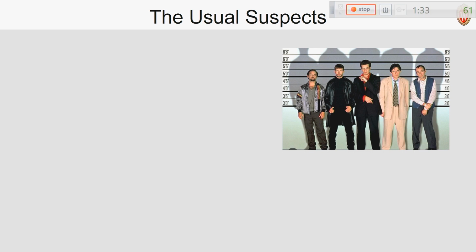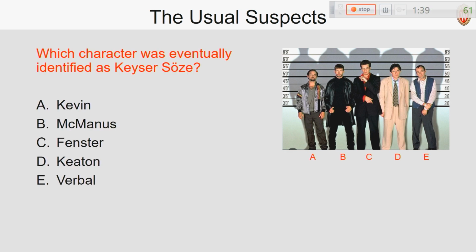So, the usual suspects in community-acquired pneumonia. Oh wait, who are those guys? I guess this brings me to my second non-microbiology related question. In the 1995 movie The Usual Suspects, which character here was finally identified as Keyser Soze, the mastermind behind the crimes? Was it Kevin, McManus, Fenster, Keaton, or Verbal?